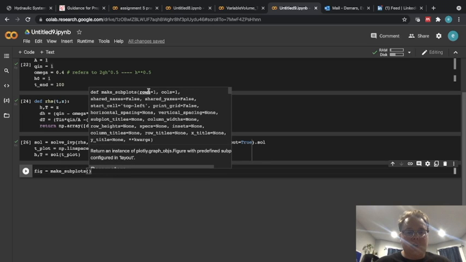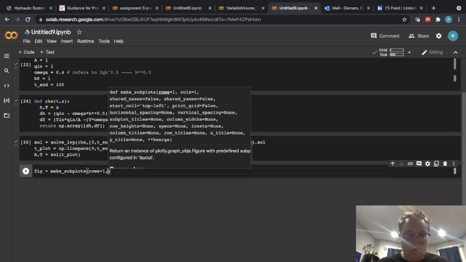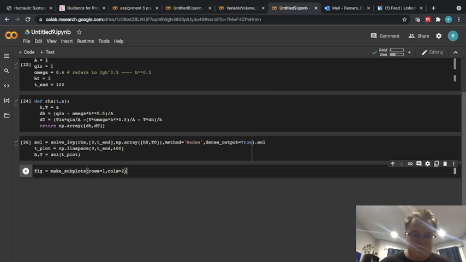Oh, and it's telling me I need to do rows and columns. So because I have time on my x-axis and height and temperature on my y-axis, I'm going to have one row and two columns, one for height and one for temperature. So rows equal to 1, columns equal to 2.